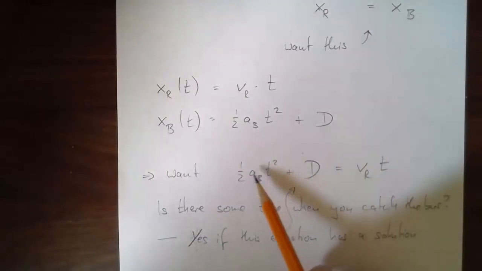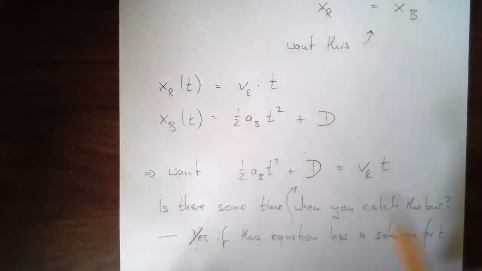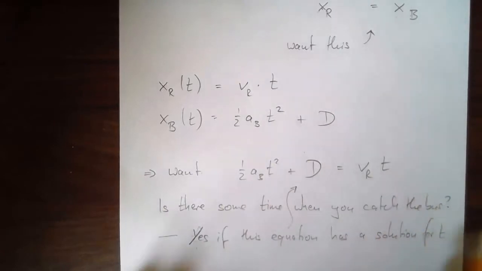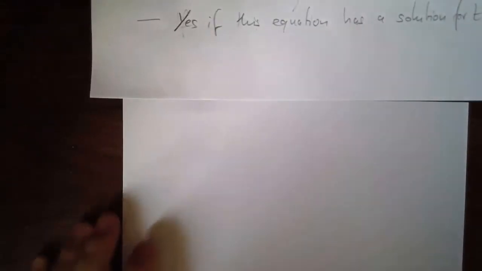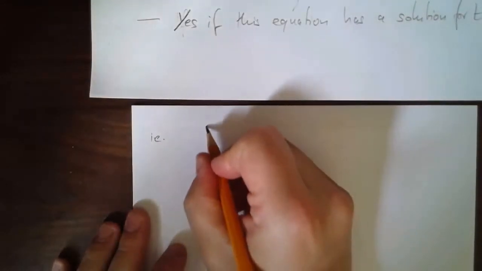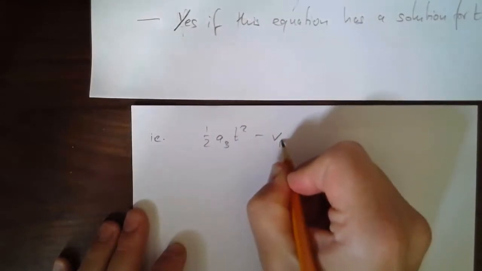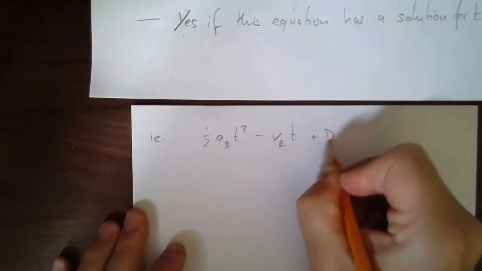That's not guaranteed. What type of equation is it? It's a quadratic in t. So let's just get it to a new page and write it down again. The equation is 1/2 a_b t squared minus v_R t plus d equals 0.